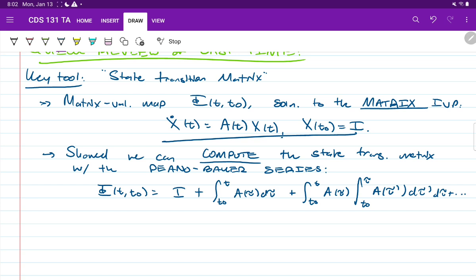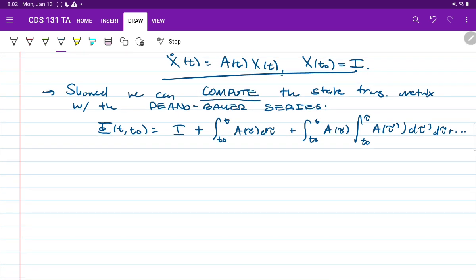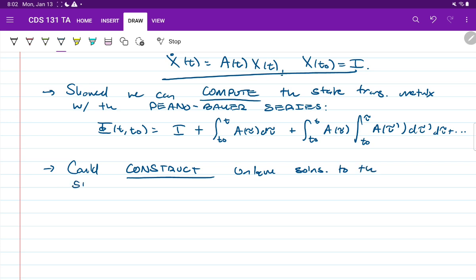What this enabled us to do is construct unique solutions to the state equation of a linear time varying system representation.